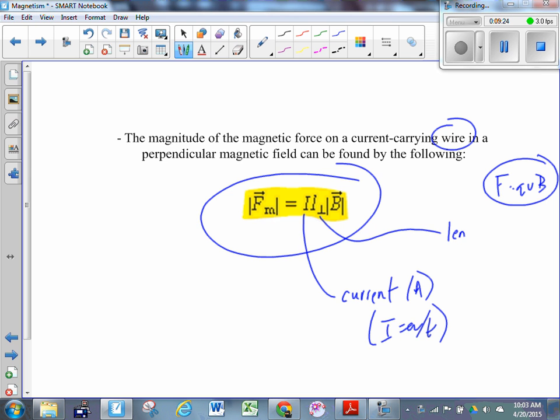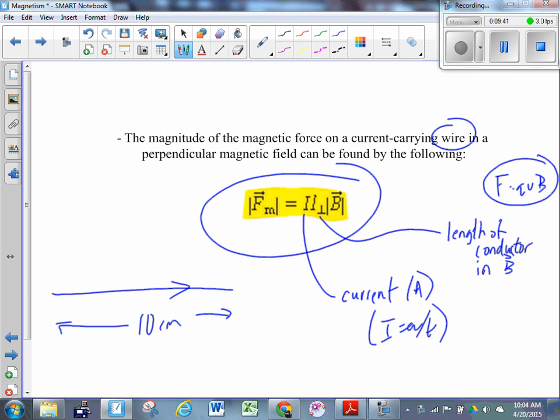L stands for the length of the wire, or the length of the conductor in the magnetic field. So if you've got, let's say, a wire that's 10 centimeters long, but only 5 centimeters is exposed to the magnetic field, then what length would we use there in that equation? 5 or 10?